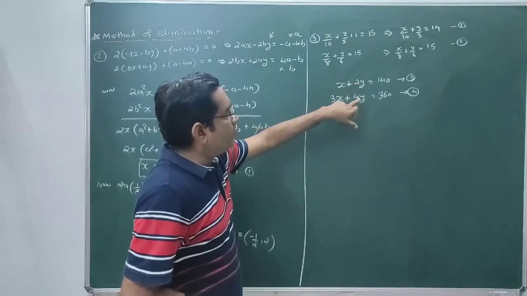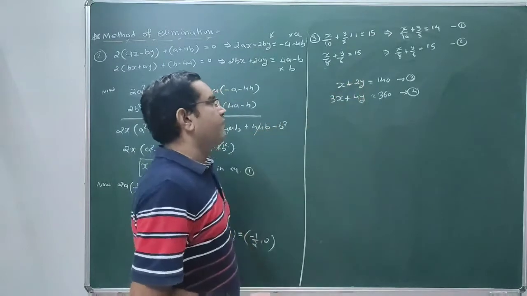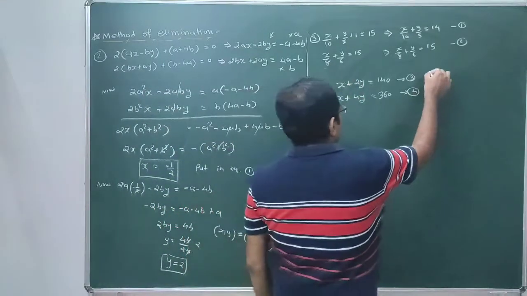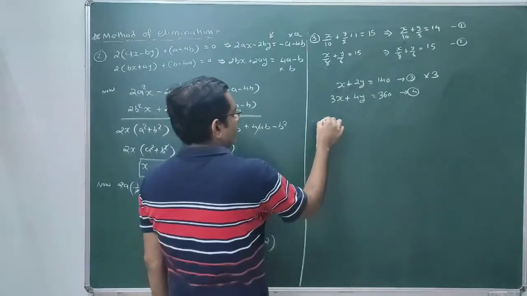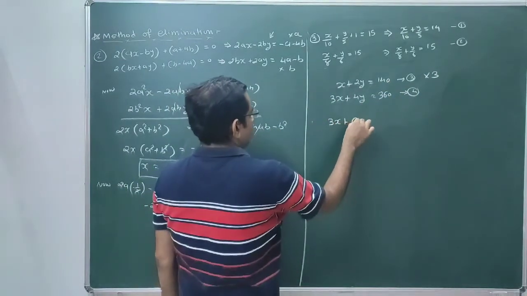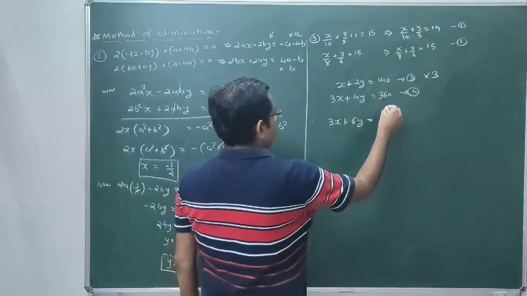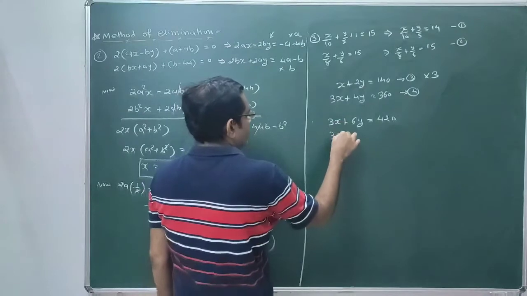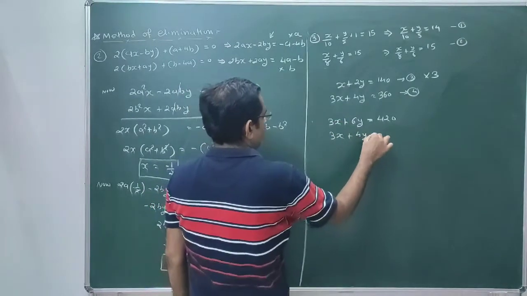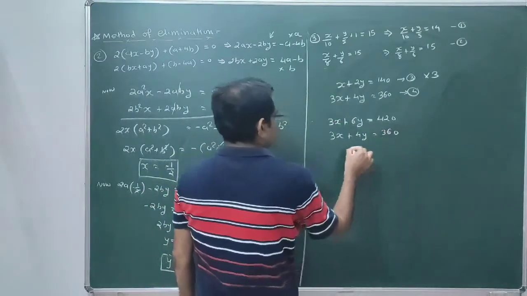So 2 twos are 4y, this 4y will be equal. You can eliminate. So first option, multiply equation 3 with 3. So we are getting 3x plus 6y equal to 140 times 3 is 420. And the second equation as it is, 3x plus 4y equal to 360.